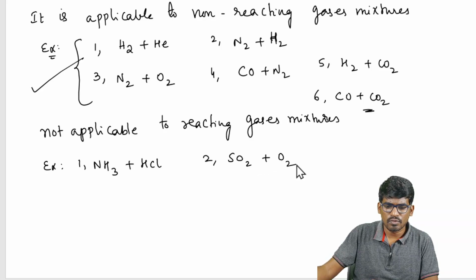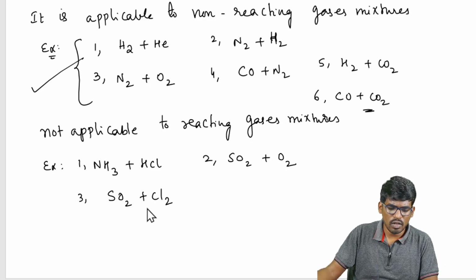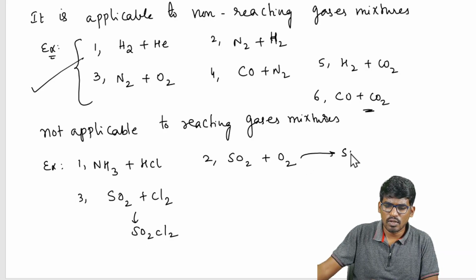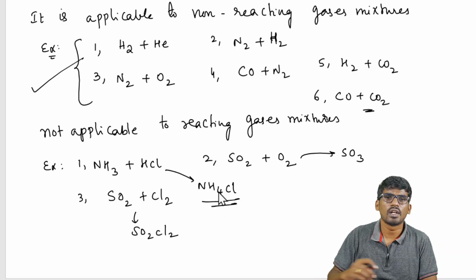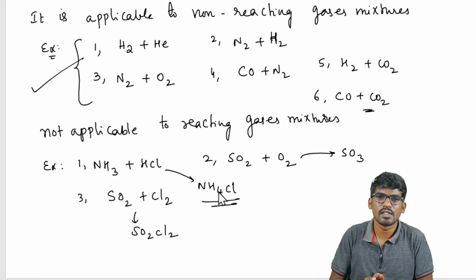SO2 plus O2. SO2 plus Cl2. Right? You are going to get SO2Cl2 in this case, sulfuryl chloride. In this case, you are going to get sulfur trioxide. In this case, you are going to get NH4Cl, ammonium chloride. In such a way, it is not applicable to the reacting gaseous mixtures.